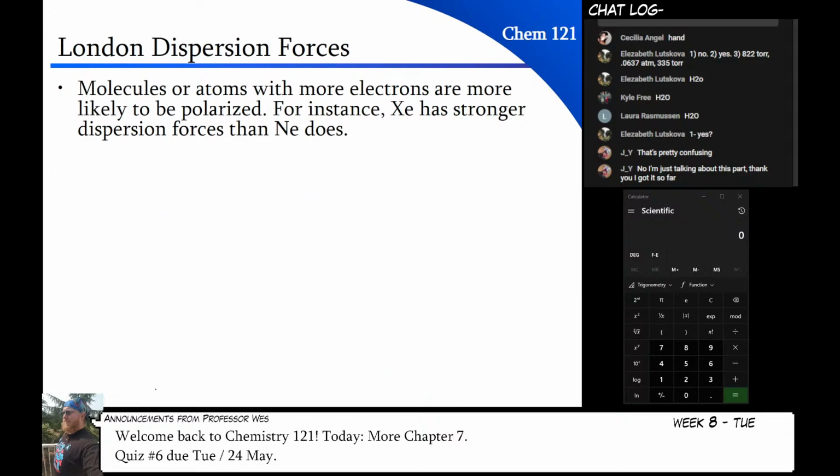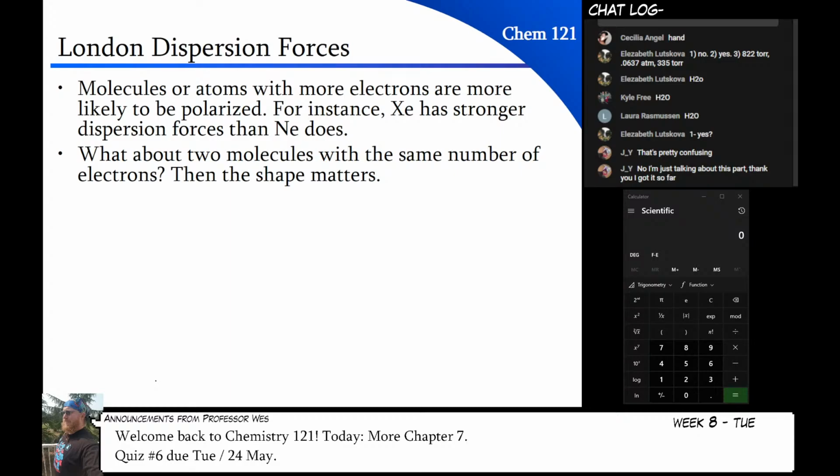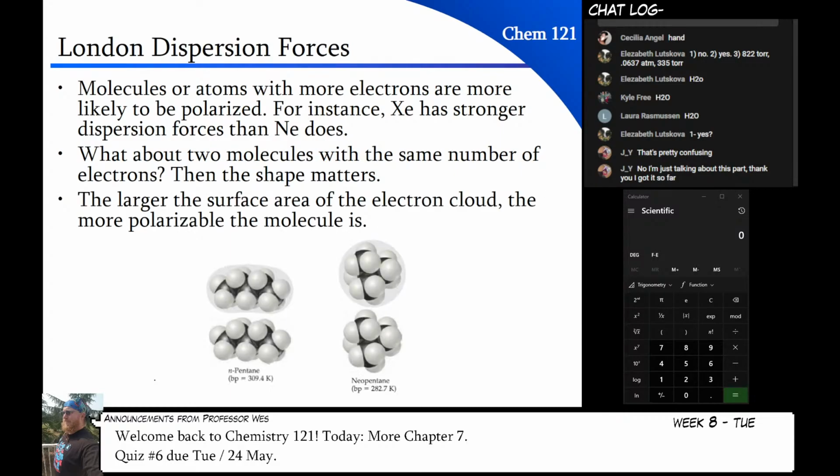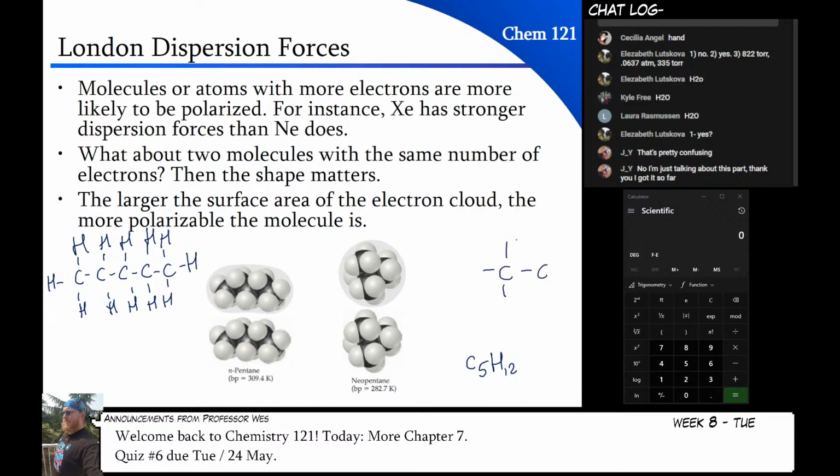Now, what if I have two molecules with the same formula or the same number of electrons? Then the shape is going to matter. In these instances, I have two molecules. These are both C5H12. N-pentane looks like this, where all my carbons are in a row. Whereas over here, neopentane looks like this.